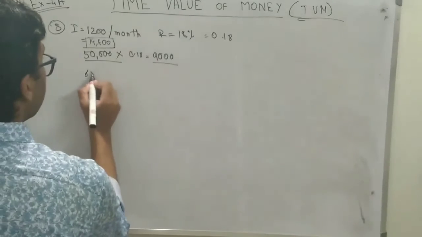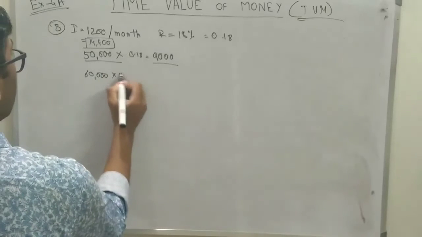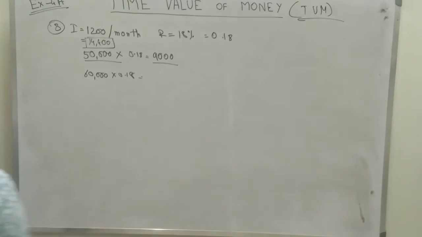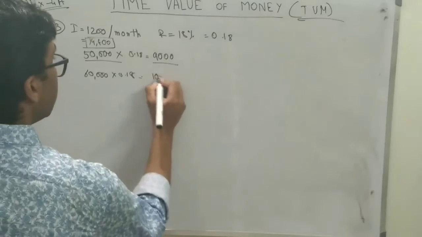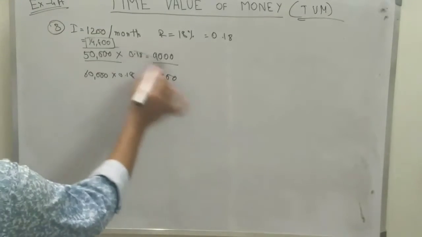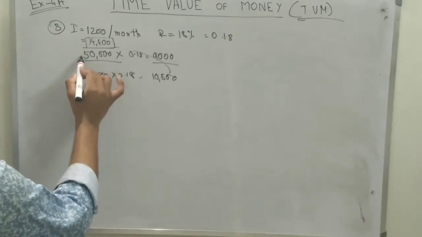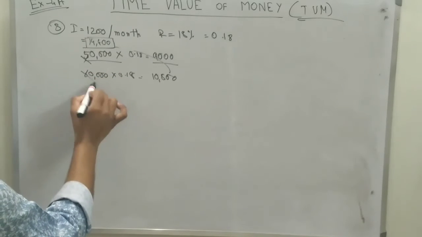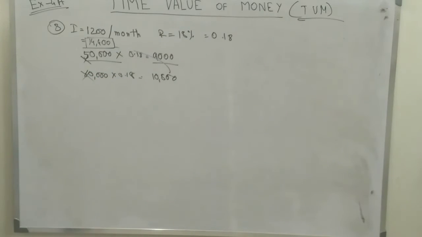Now if we calculate 60,000, it is 60,000 into 0.18. As no years have been mentioned, it will be 1 year only. So 60,000 into 0.18 is 10,800. Still not matching. Then 50,000 will also not be the answer, and 60,000 is also the wrong answer.